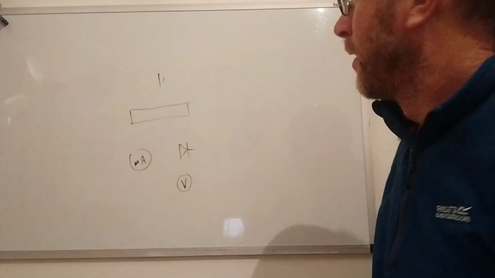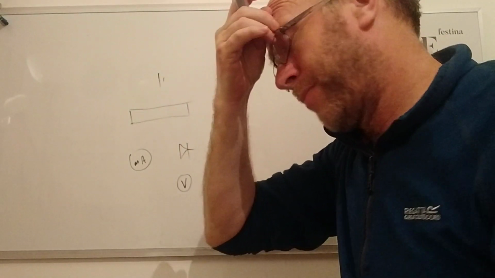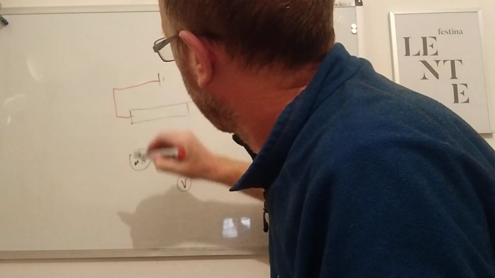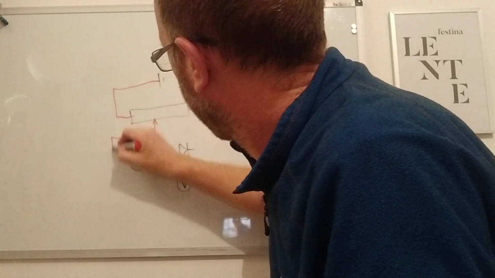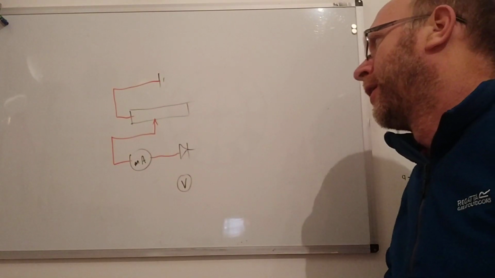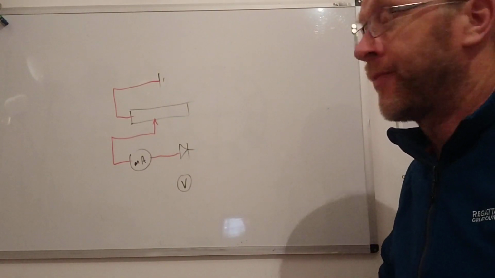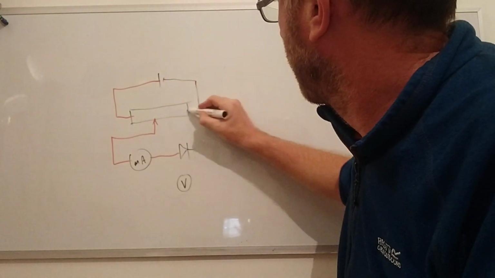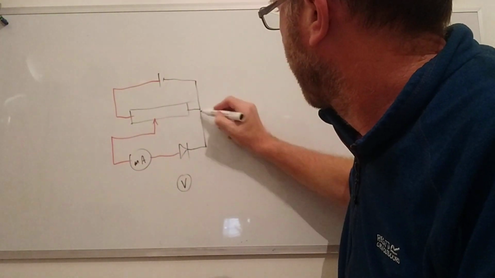In this case, the positive is the red, and we're going to use red all the way to get into the positive end of the diode. The positive end of the diode is the triangular end. And the negative end is the black, so we're going to use black leads to do that.